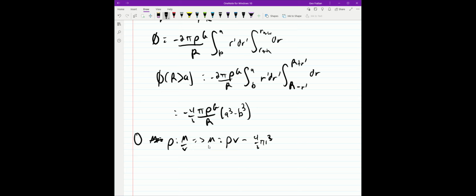Sorry, my math was a little off. The mass of the shell is the mass of this big sphere minus the mass of this little sphere. So mass is equal to 4/3 pi density times a cubed minus b cubed.